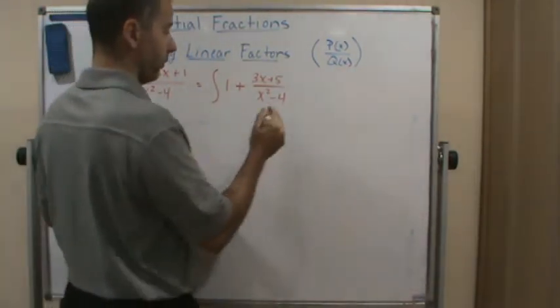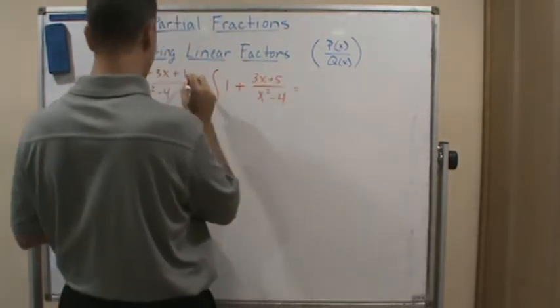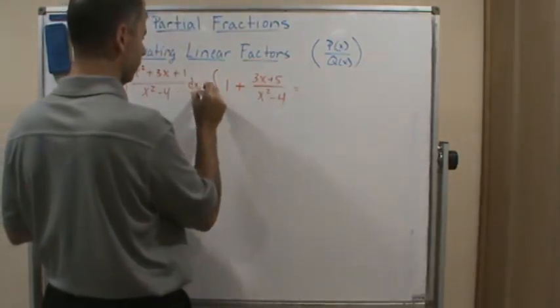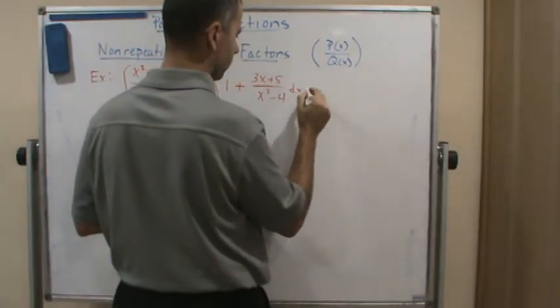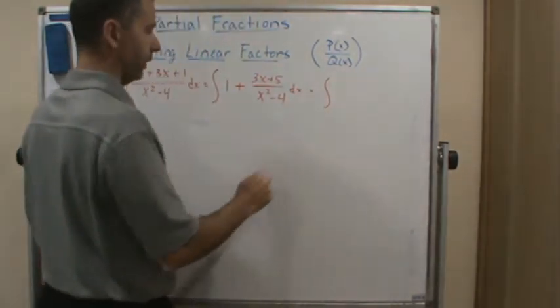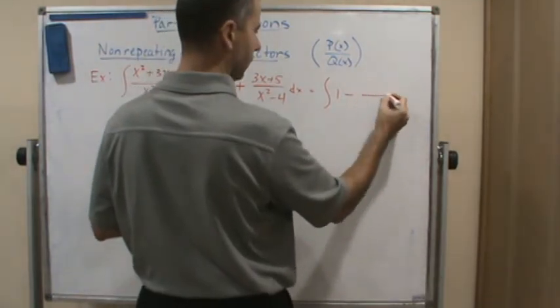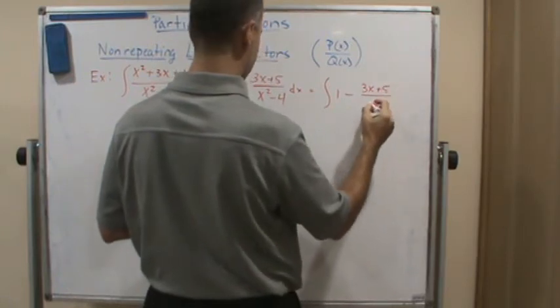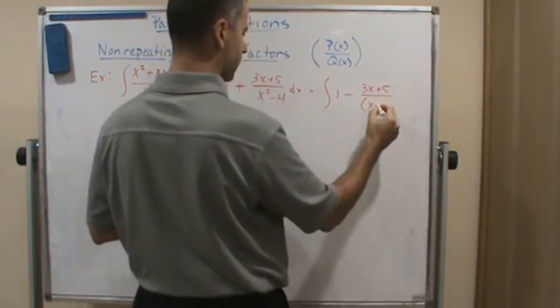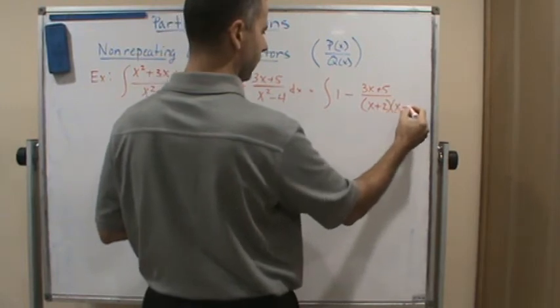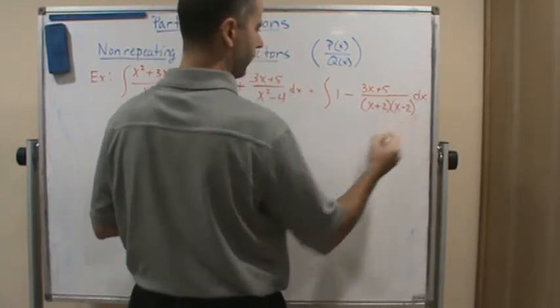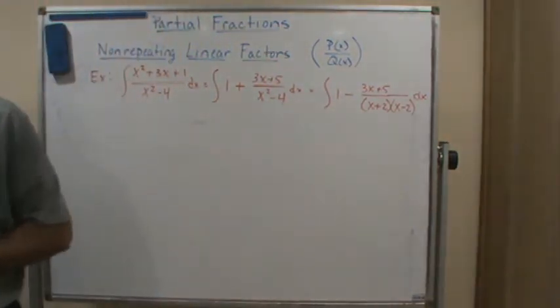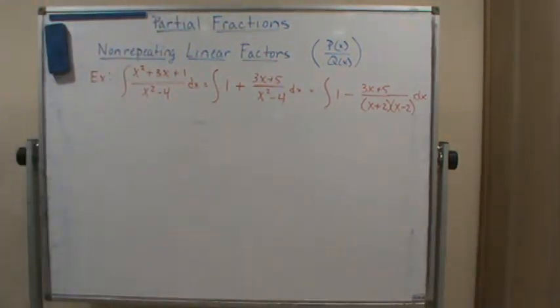Okay, so this is going to become 1 plus, this is going to become 3x plus 5 over x plus 2 times x minus 2. Okay, so now we've got it decomposed. And so now we're going to set up our constants.